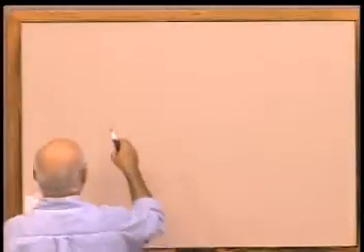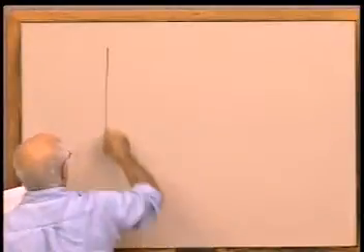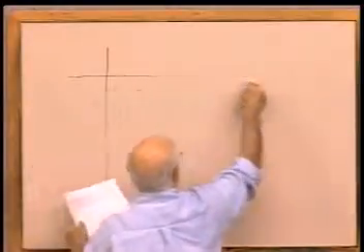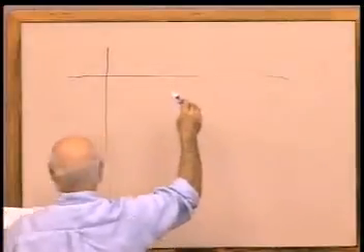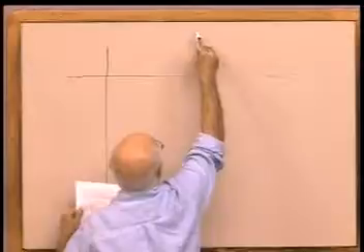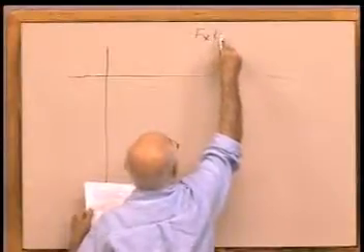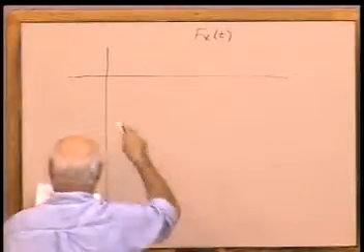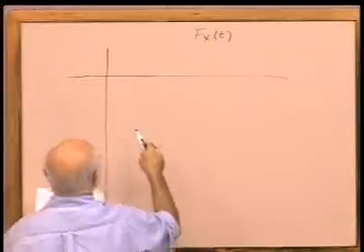Okay, so now what does it ask you to do? For each case, and there are 4 cases, it says you want to look at the distribution function. So this is big F. And there are going to be 4 cases.